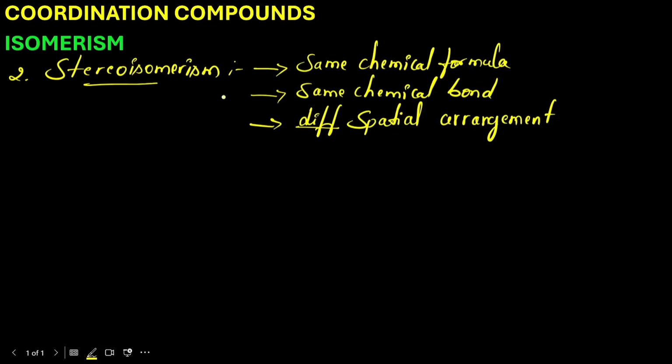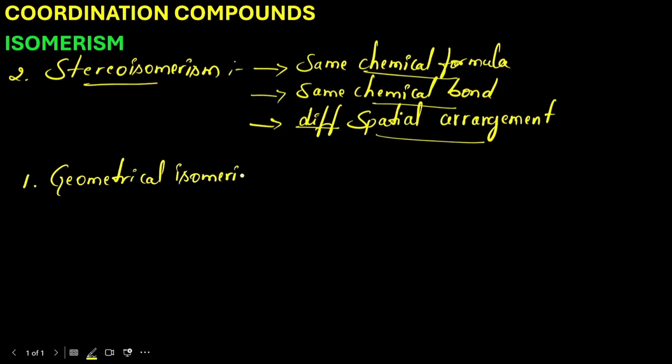This stereoisomerism is classified into two different types. One is geometrical isomerism, and the second one is optical isomerism.